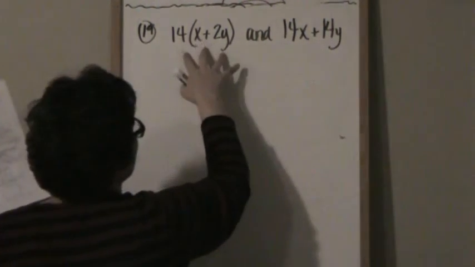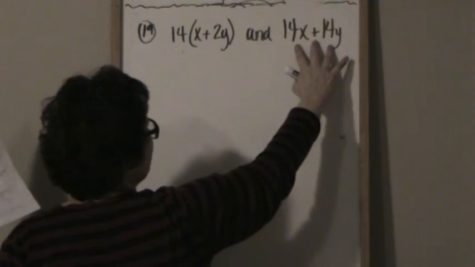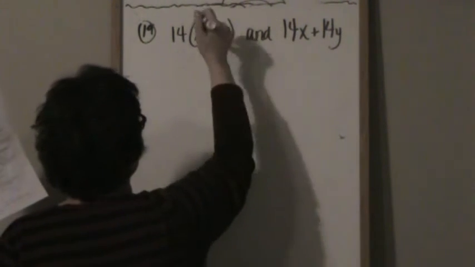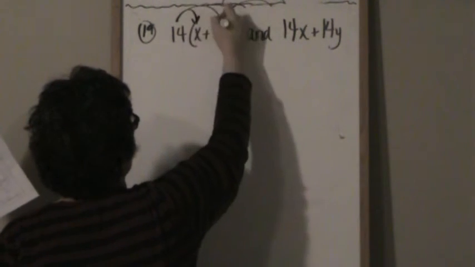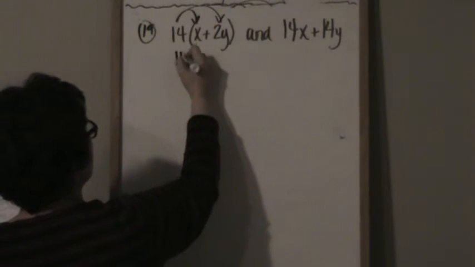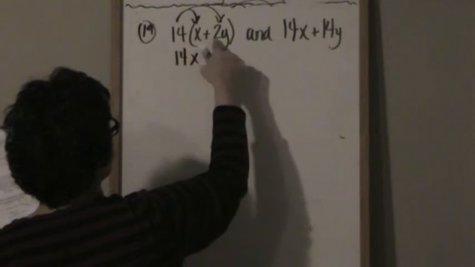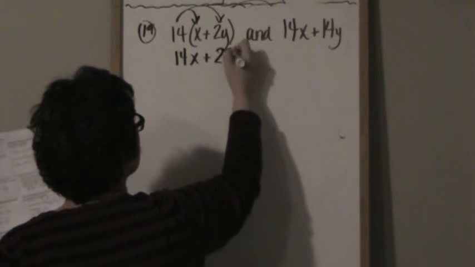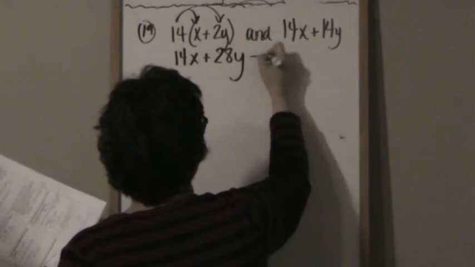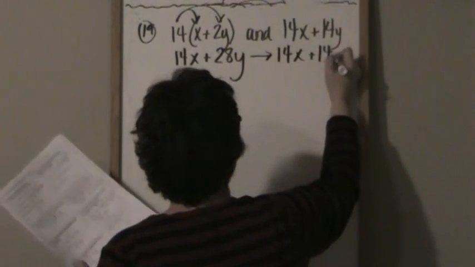I'm comparing this one to this one. This one's already simplified. This one I have to simplify. Distributive property, 2 terms inside. 14x plus 14 times 2 is 28y. Okay, is that the same as 14x plus 14y?